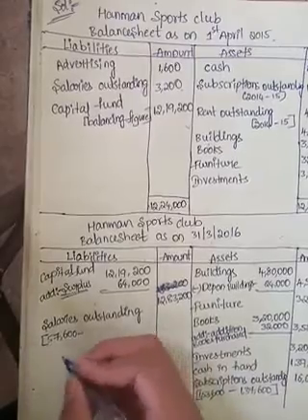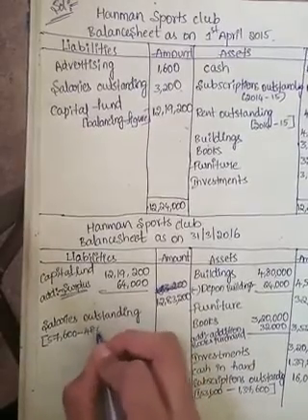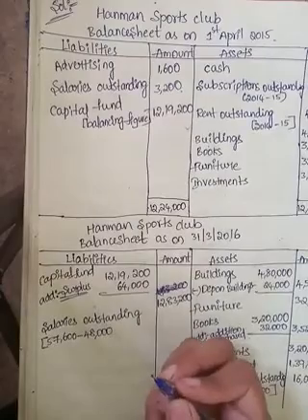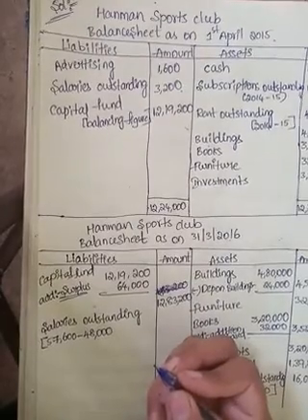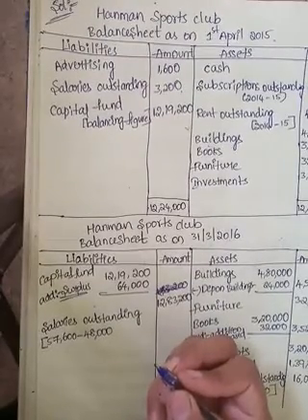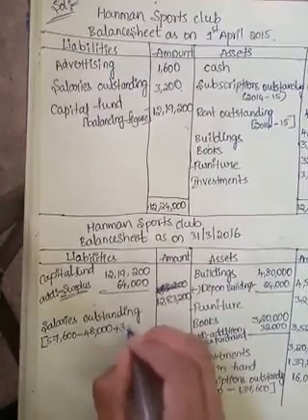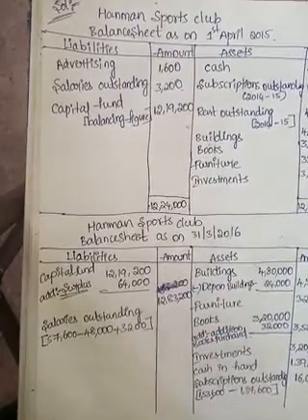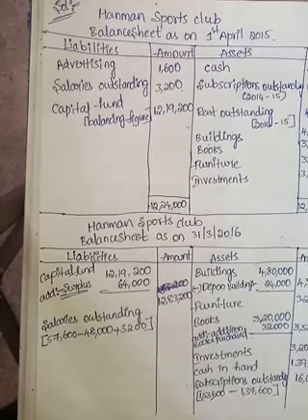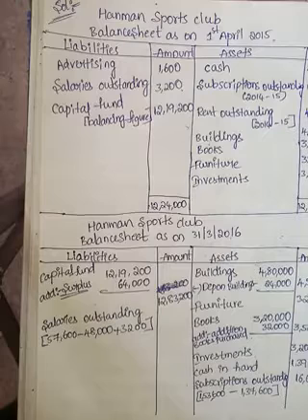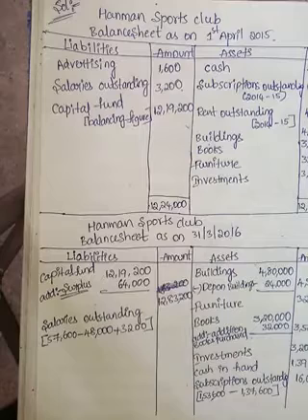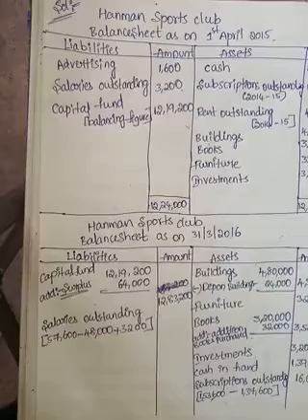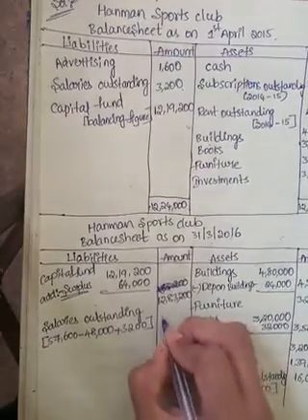Under that the payment is 48,000 and 3,200 is the outstanding. 57,600 minus 48,000 plus 3,200 is 12,800.